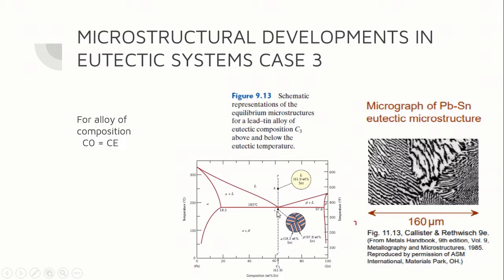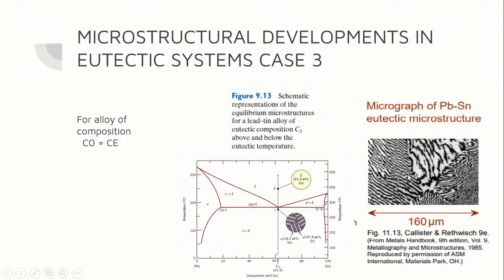The alpha is 18.3, as you can see here, and the beta phase is 97.8, as you can see as patches. So this thing here is the microstructure.